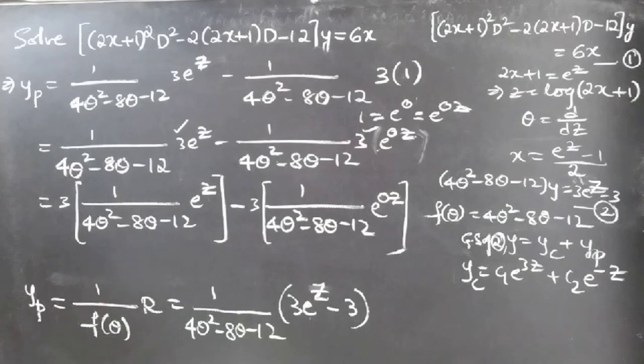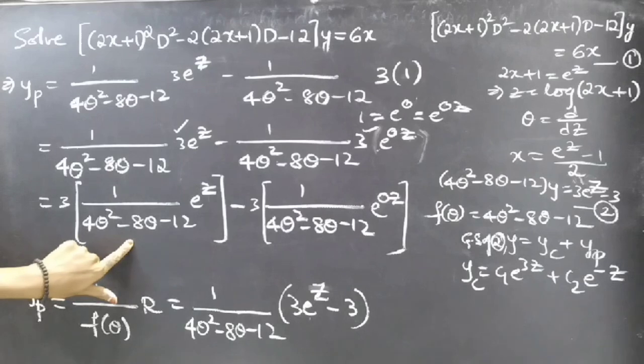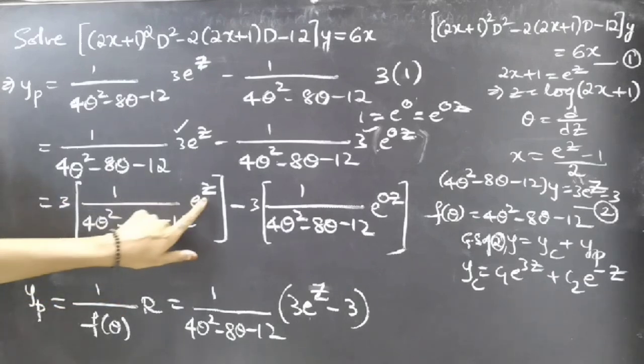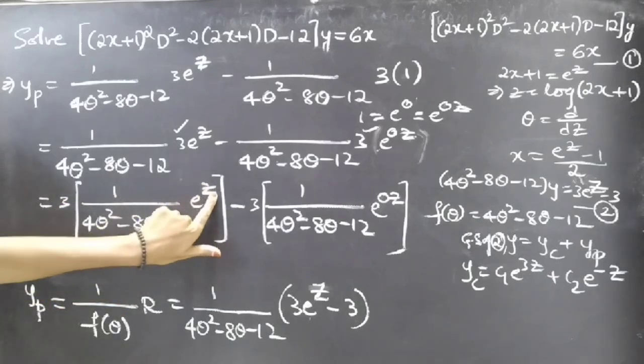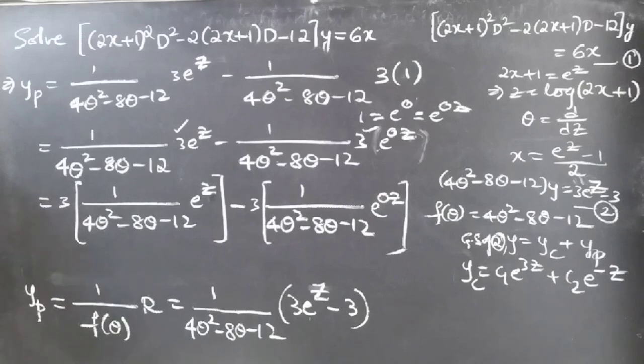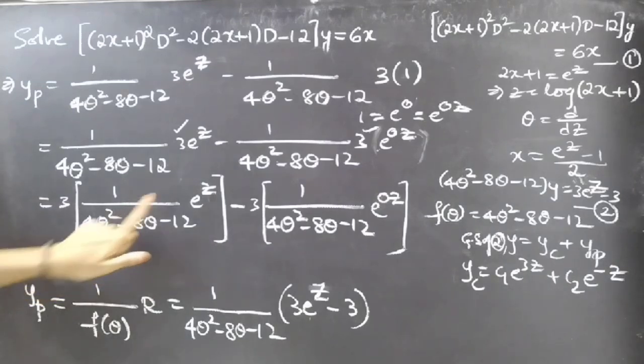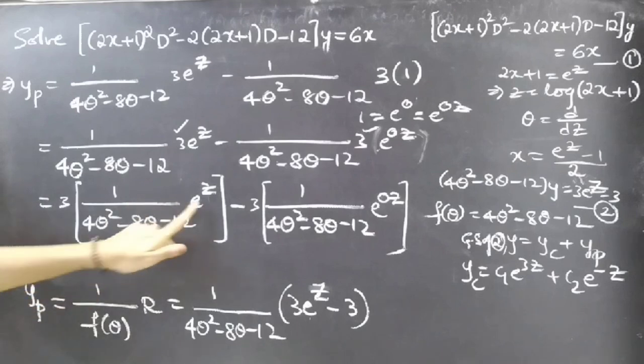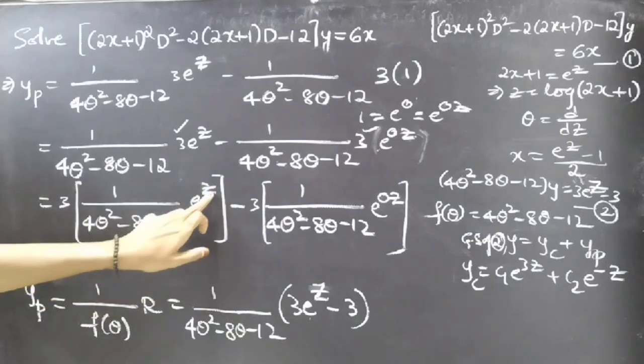Just like the problem we have solved in linear differential equation with constant coefficients, here also we'll solve this problem. In place of x we are having z, in place of d we are having theta. That's the difference.